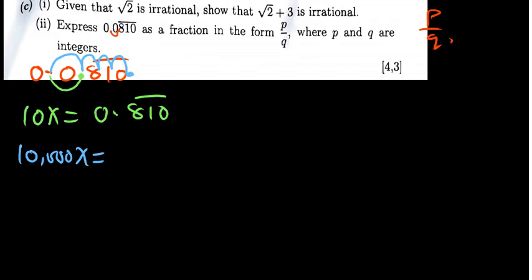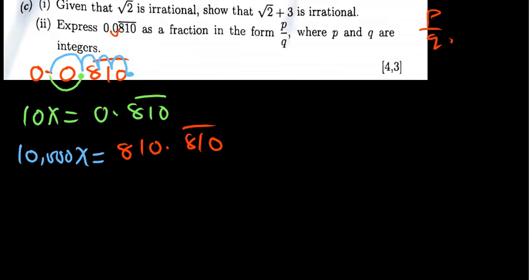So now I've just done a 10,000 there. What is happening here is that this has been shifted all the way to that point, meaning it is now 810 point, and again I'll repeat this, it will have 810, then I put a bar again.